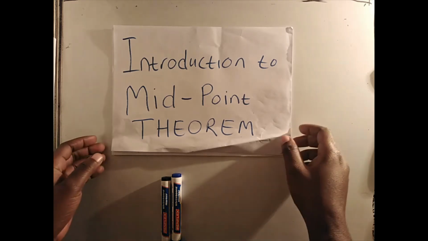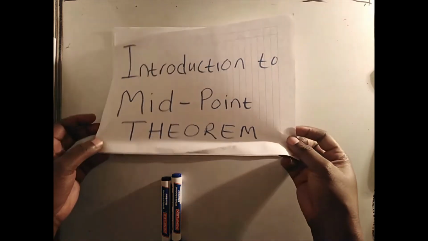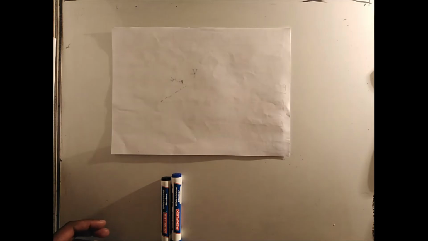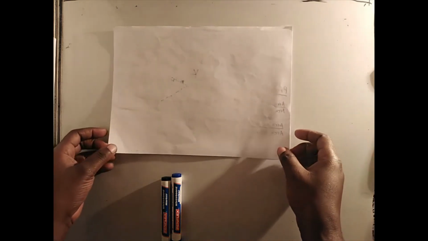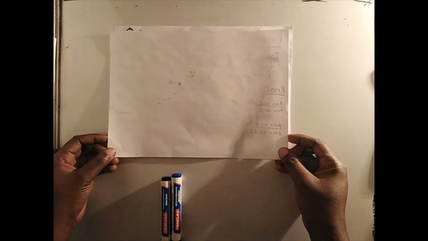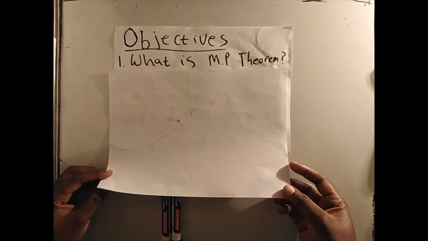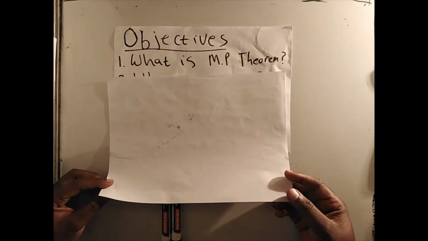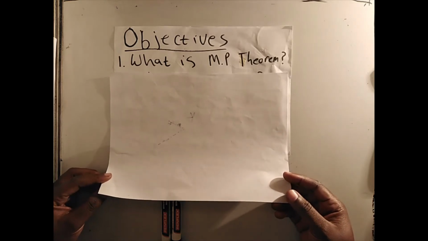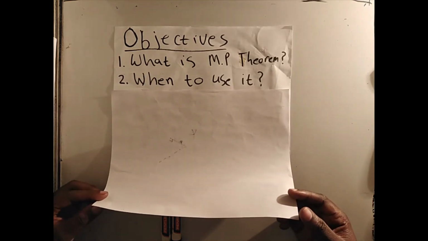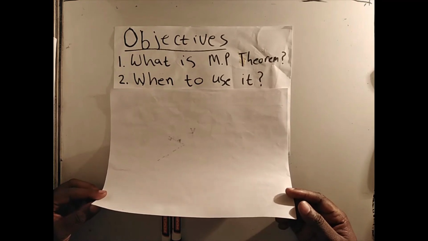Right, so when we are done with today's session, a couple of things should be accomplished. Those are the objectives. The first is: what is a midpoint theorem? The second is: when to use a midpoint theorem.